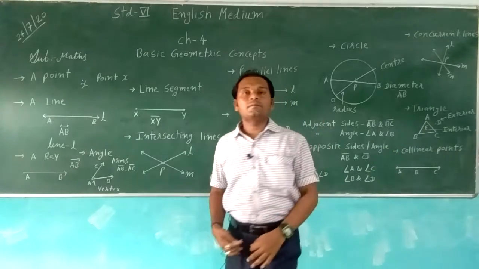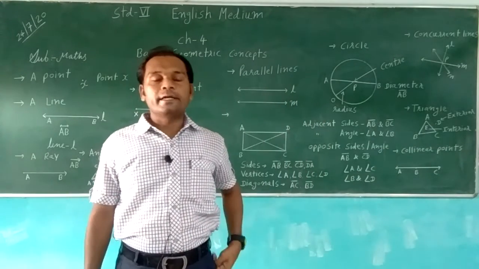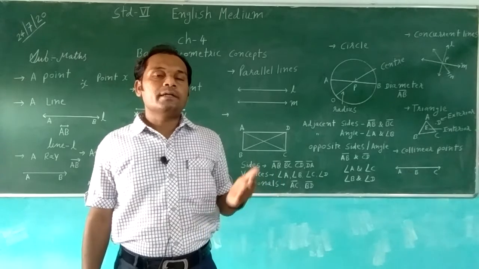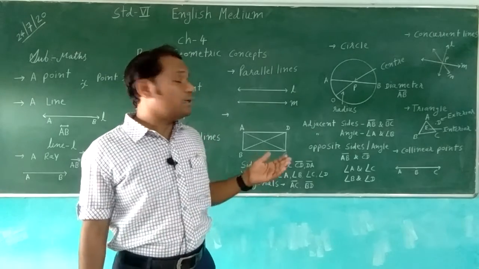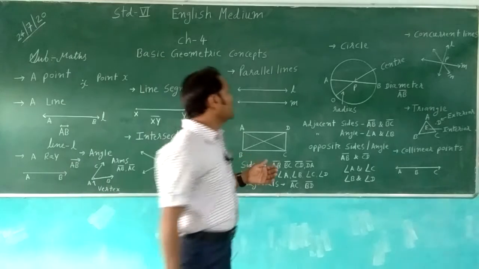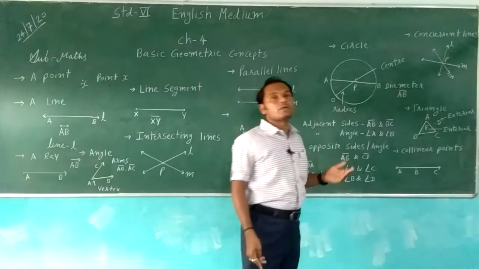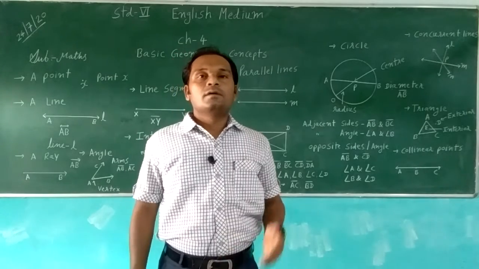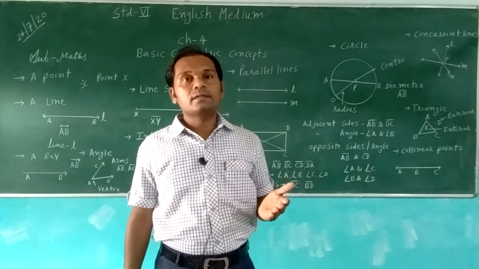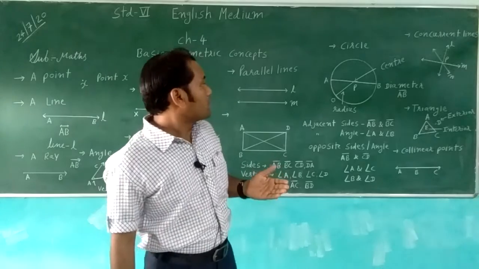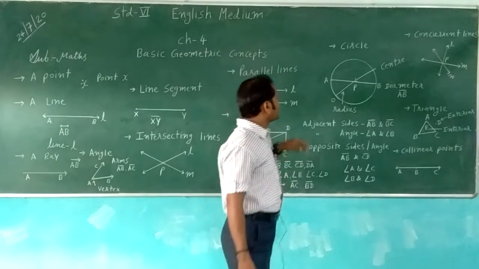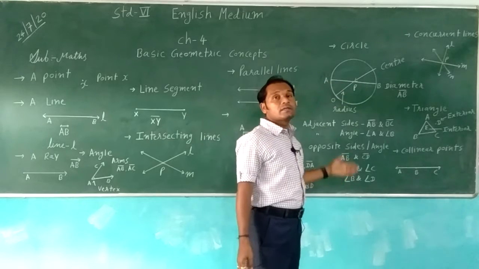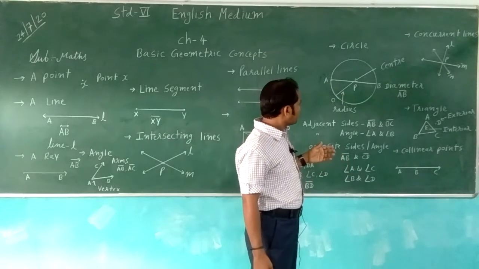A line AB passing through the center of the circle and ending on both sides of the circle is called a diameter. In short, the diameter is double the radius and the radius is half of the diameter.